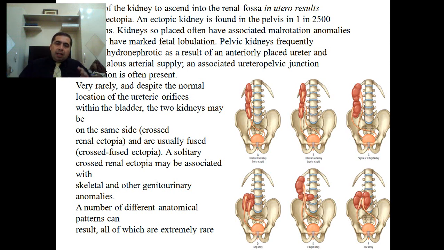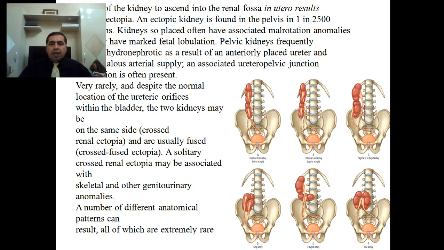For example, kidneys are normally located in the upper lumbar region, but they may be located in the lower lumbar region, which means lumbar ectopy. Or they are located in the pelvis. This is pelvic ectopy of the kidneys. An ectopic kidney is found in the pelvis in one in 2,500 live births, according to Gray.